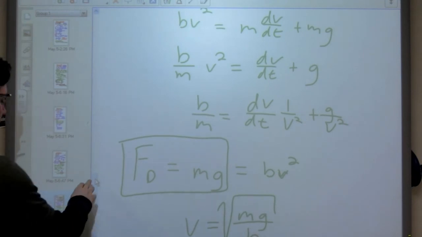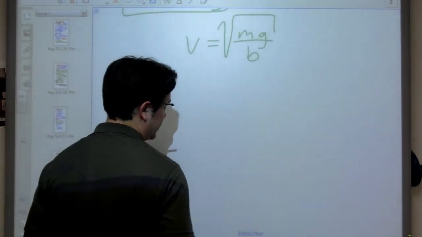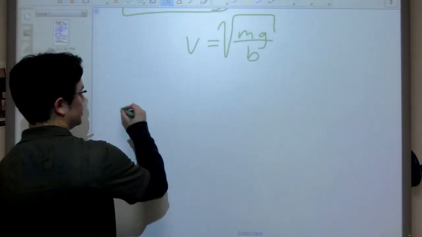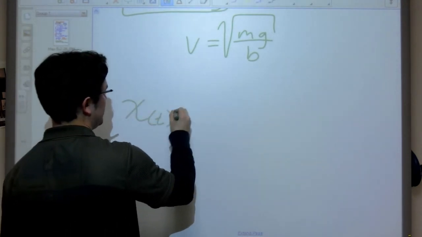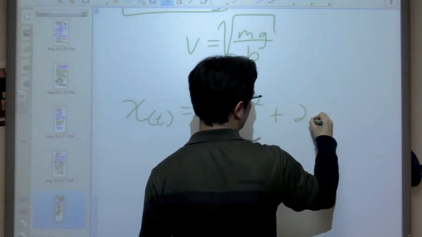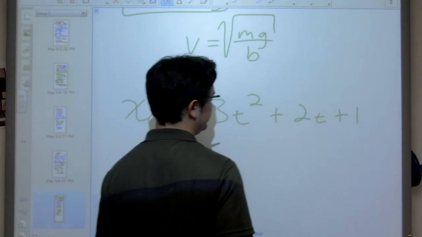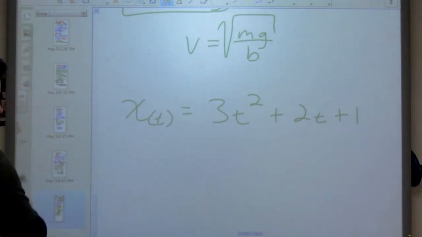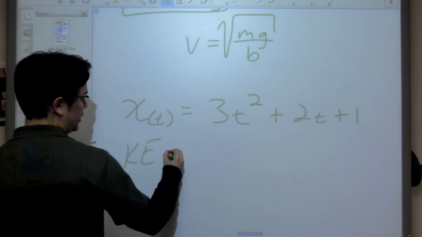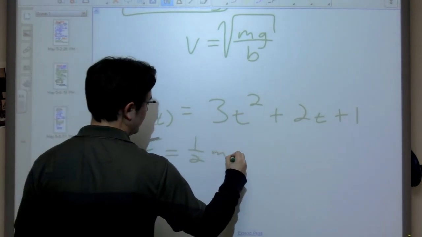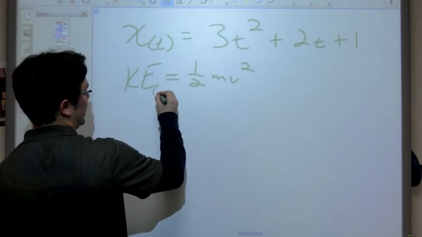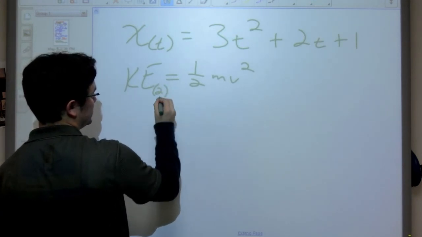Okay, some of the final things are going to be, again, simple replacements. They may do something like give you the position as a function of time equals 3t squared plus 2t plus 1, right? And they ask you for, say, the kinetic energy. Well, kinetic energy is equal to 1/2 mv squared. So maybe they want you to find the kinetic energy at time 2 seconds.